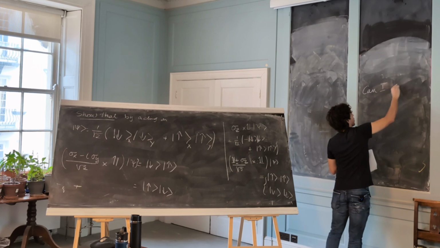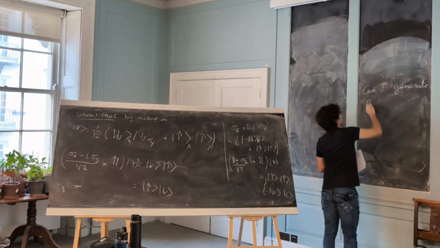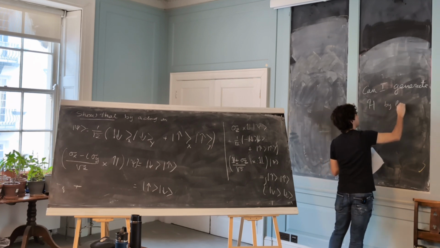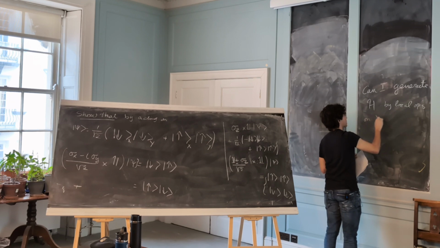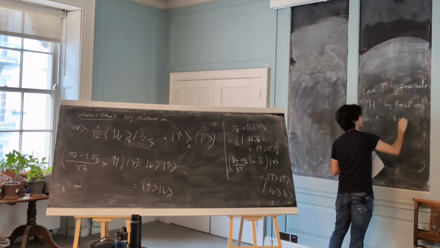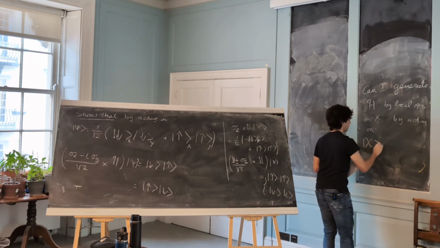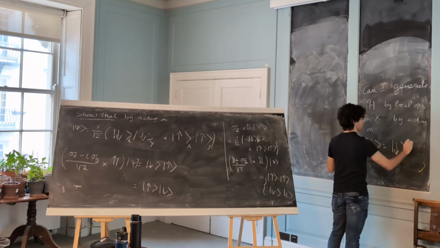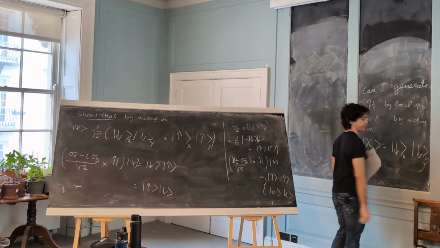Can I generate the Hilbert space H by local operations on X by acting on the following state? Let's call this one chi, and this is down x, down y.